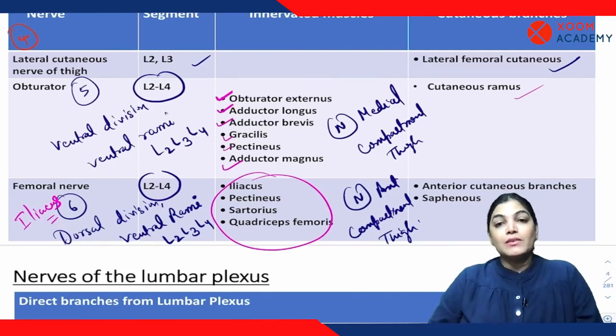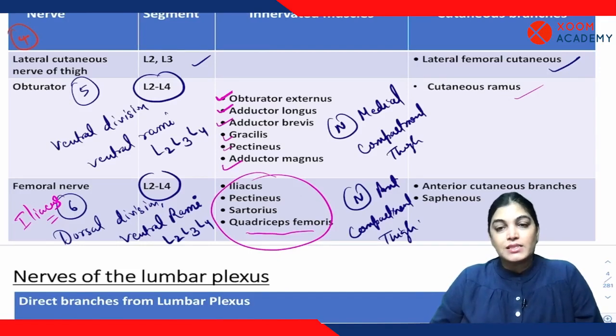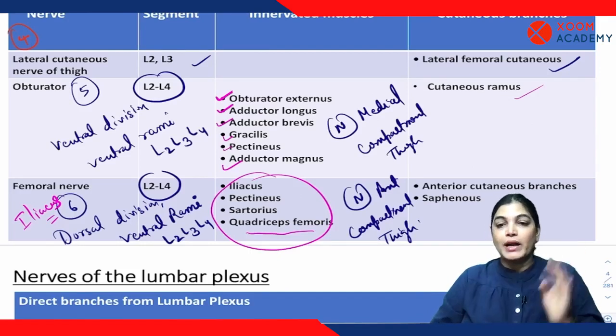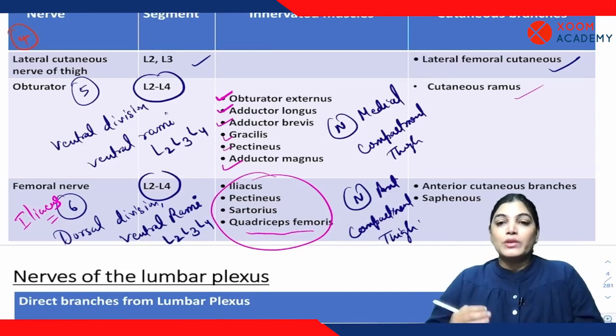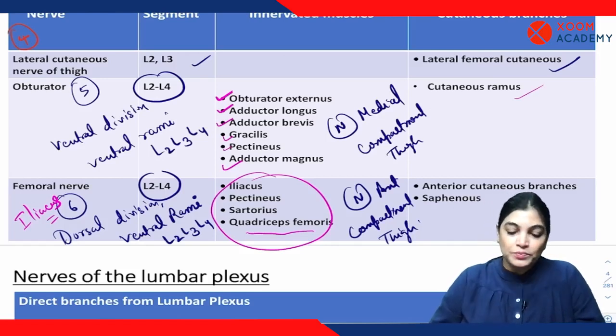It innervates the quadriceps femoris, which is four-headed: rectus femoris, vastus medialis, vastus lateralis and vastus intermedius. Also a small muscle derived from vastus intermedius, the articularis genu.